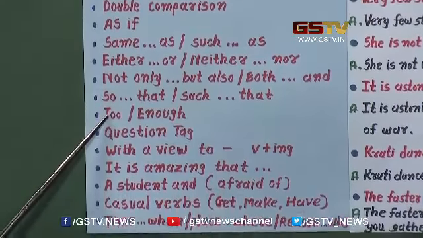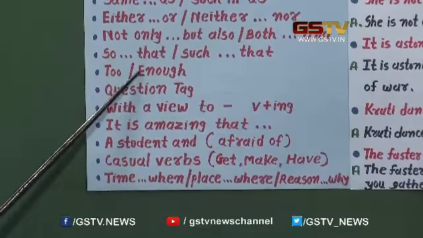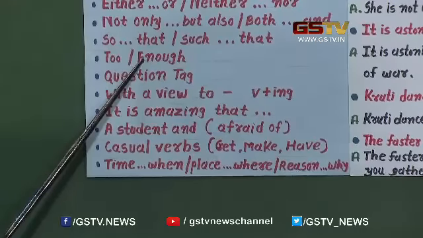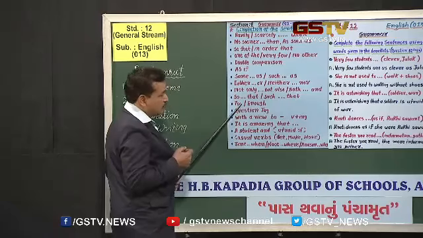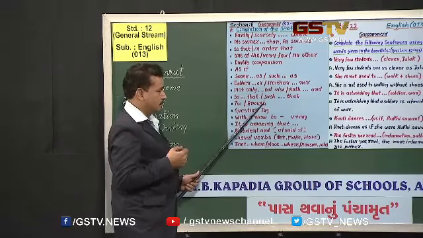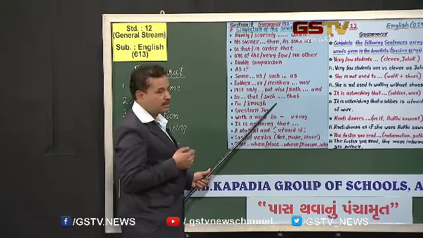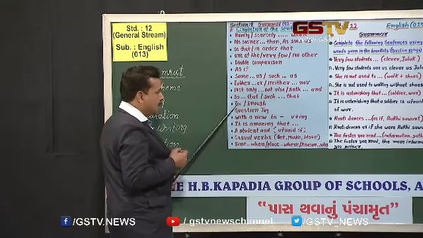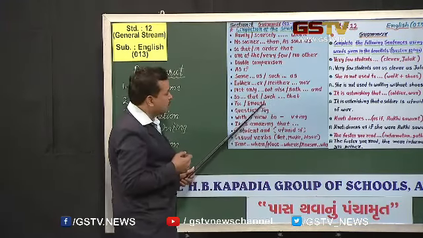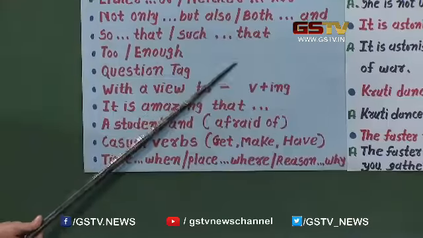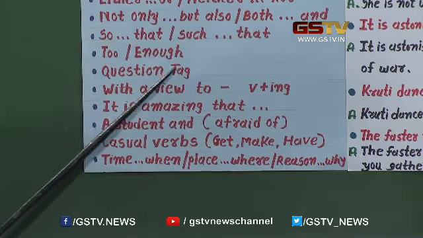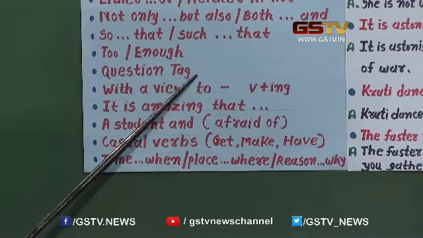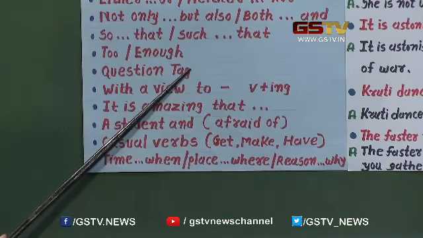In this structure, after to, we are going to use adjective. He is too weak to get good marks. Our students are talented enough to obtain good marks. Before enough we use adjective, and to complete this one we have to use to. Question tag, very important. Question tag is also asked repeatedly. If the sentence is in positive form, question tag is negative.